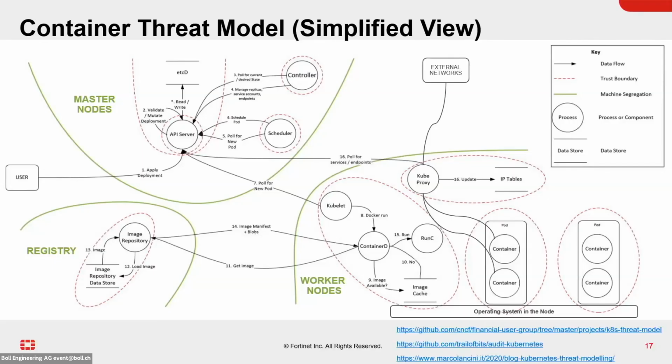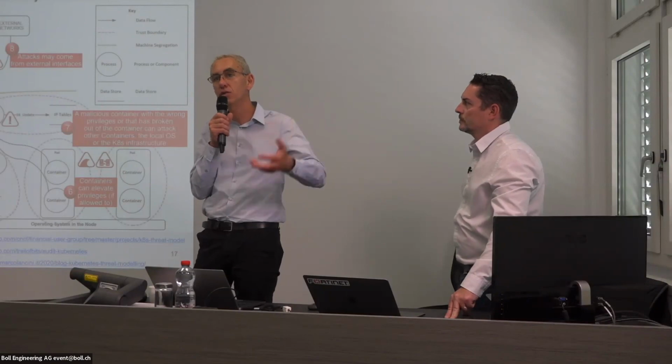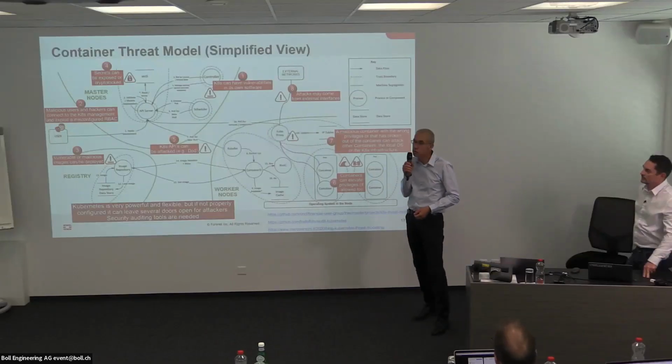So back to the question we had at the break here. The container threat model is something that is quite key whenever you go into your customers and you want to help them secure their new application developments and their obviously serverless container. You have to help them secure 1 to 8.